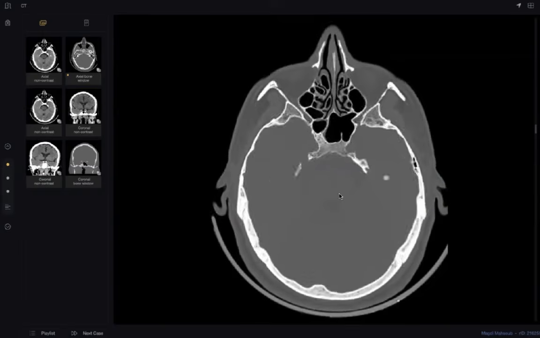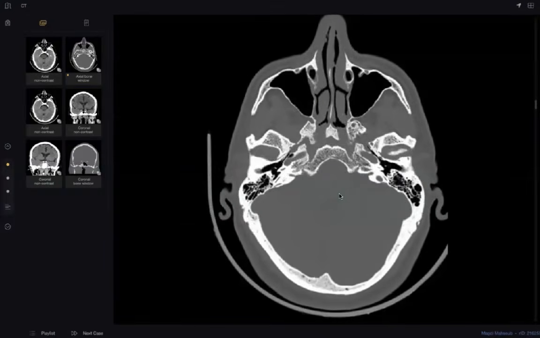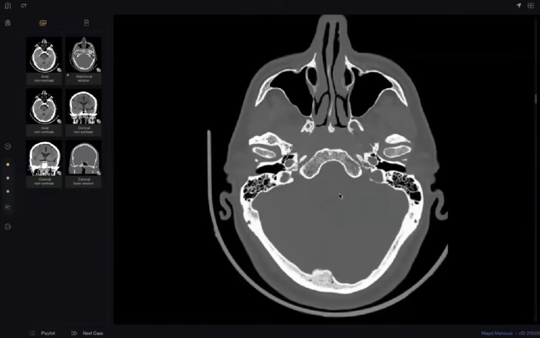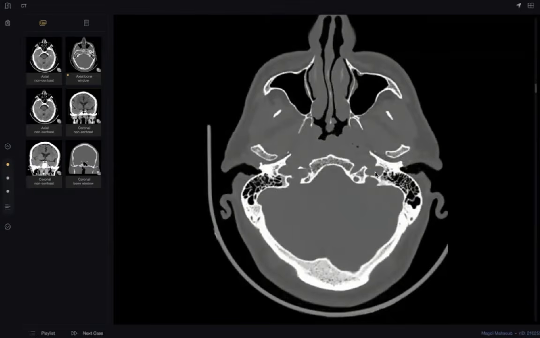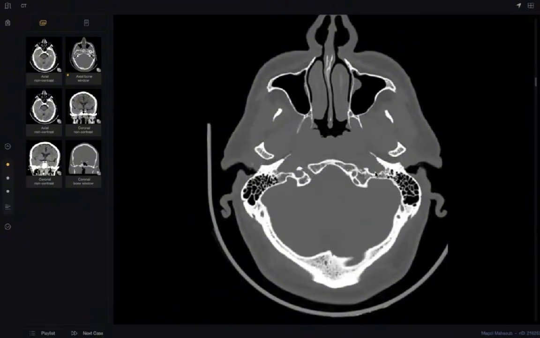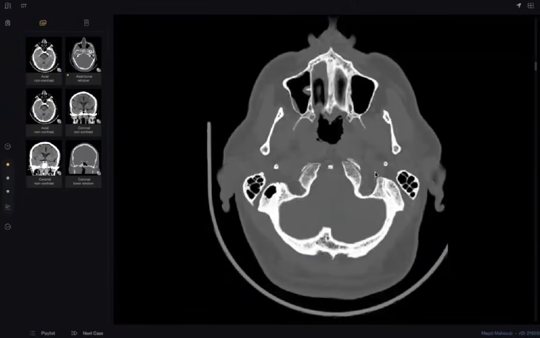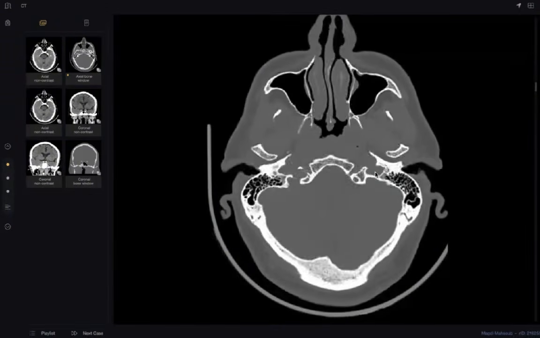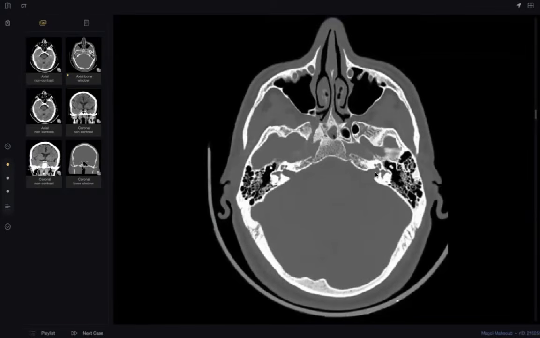As I go down, both carotid canals are preserved, and jugular foramen is okay. Hypoglossal canal is okay. Basisphenoid and clivus are okay.